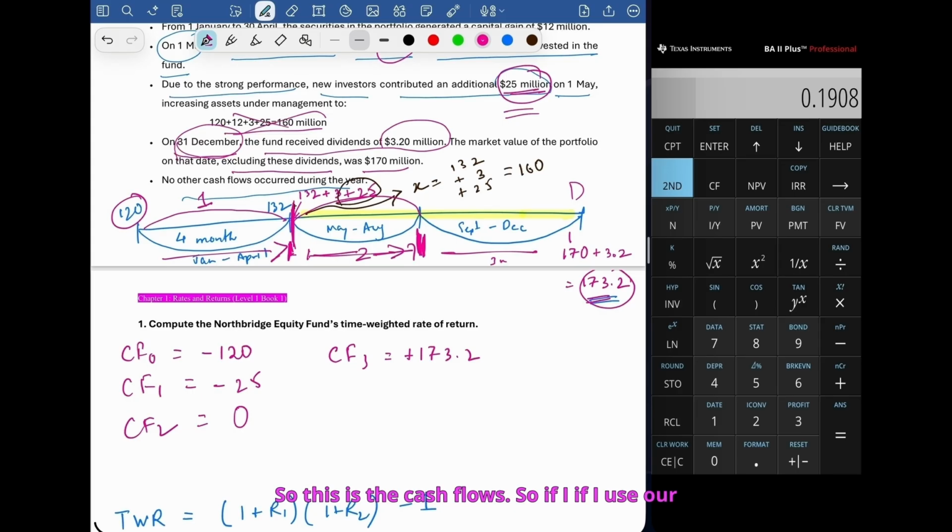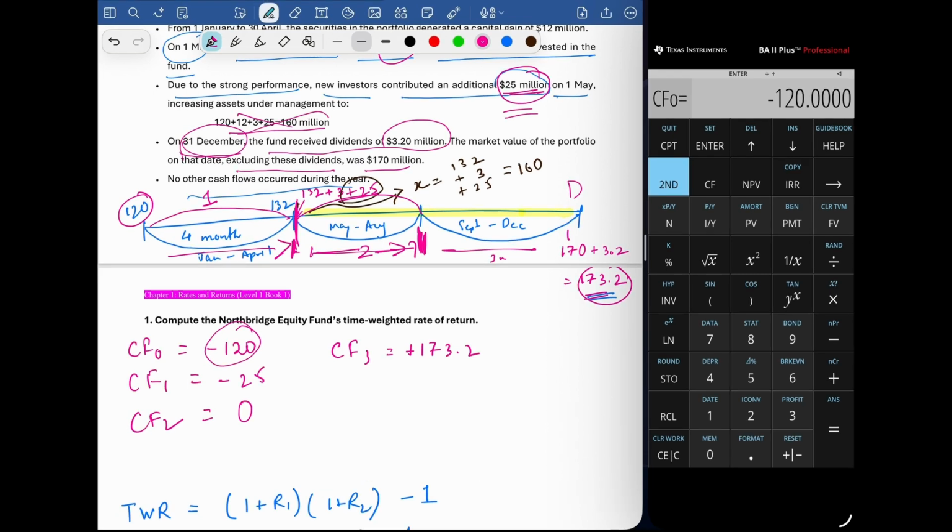So if I use our calculator, you remember we'll do CF, then second, then CPT. It is already in CF. CF0 is how much? Minus 120. I'll input minus 120, and then the down button.